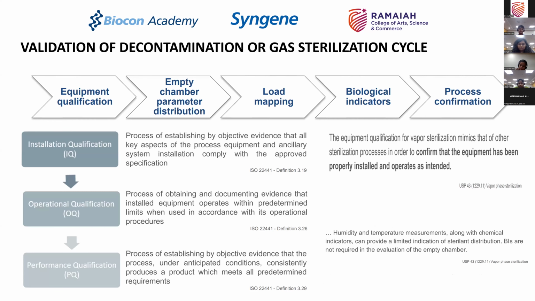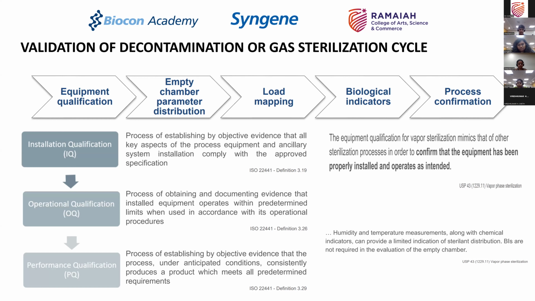Okay, we have gone through this process of equipment qualification in the autoclave: URS, DQ, FAT, IQ, OQ, PQ. So equipment qualification, I'm not going to spend time on because we have already talked on this. Very similar processes are followed for each and every equipment which you get in the facility.